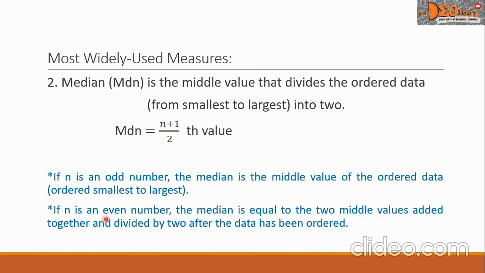If n is an even number, the median is equal to the two middle values added together and divided by 2 after the data has been ordered.